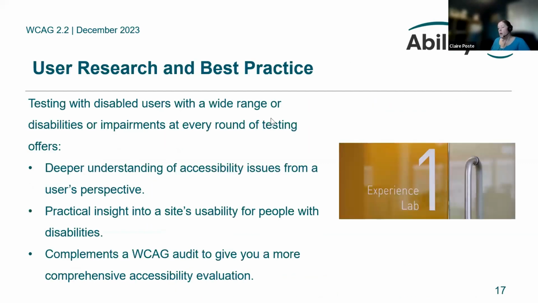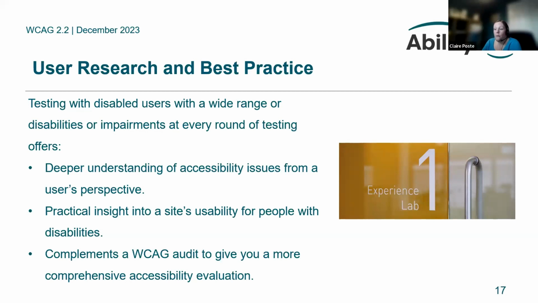Moving on, as I'm aware of the time, one of the things to think about is user research best practice. As I said, there are some restrictions in WCAG due to its quite technical pass-fail nature. Anybody who's already doing user research will know this, but it gives you a deeper understanding of accessibility issues from specific users' perspectives, rather than the very technical accessibility compliance.